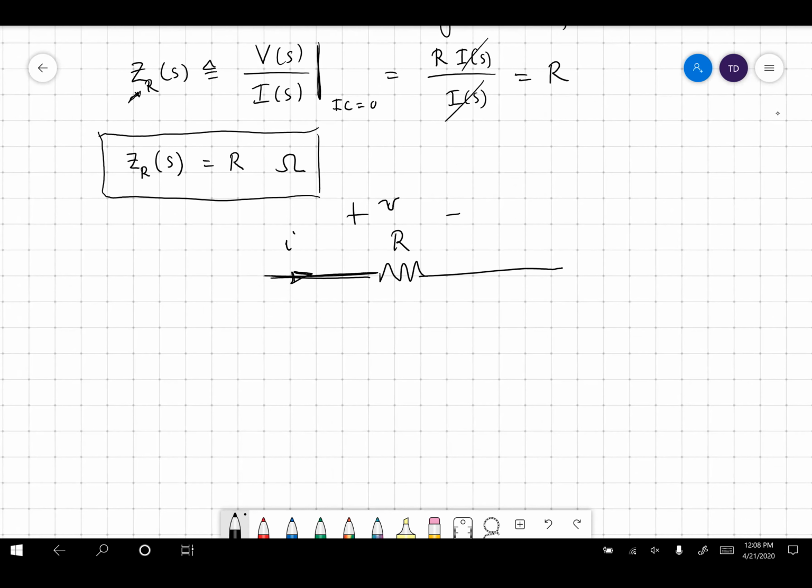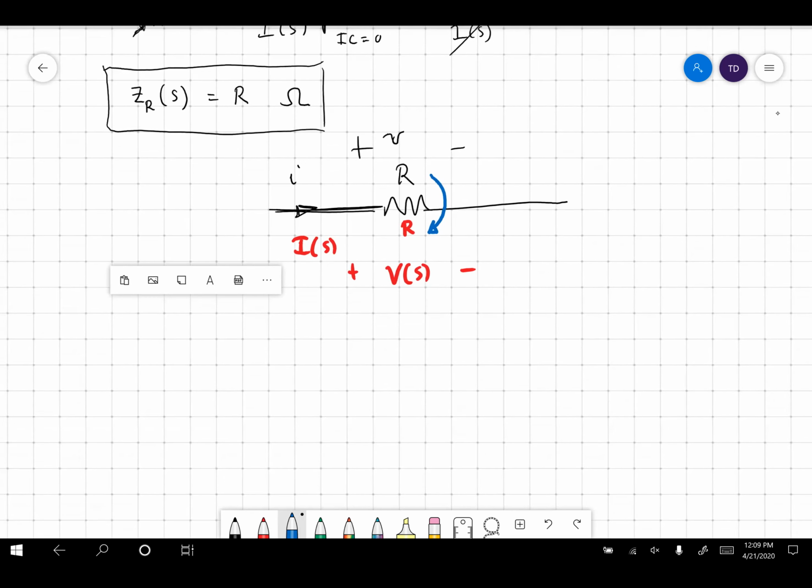And now in the frequency domain, we have I of S, R, V of S. So when we transform this resistor from the time domain to the frequency domain, the transform is simply just copy it over. Right? The Laplace transform of a resistor is just the resistor itself. So when we Laplace the resistor, that's trivial. There's nothing hard to do there. It's all done for us.